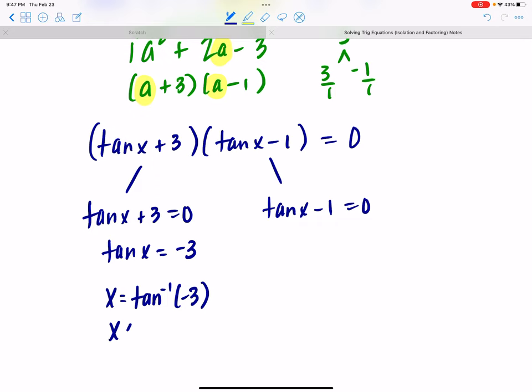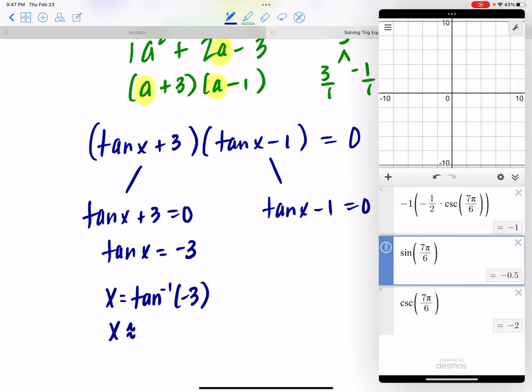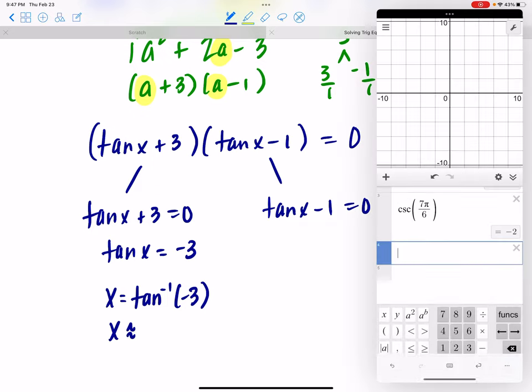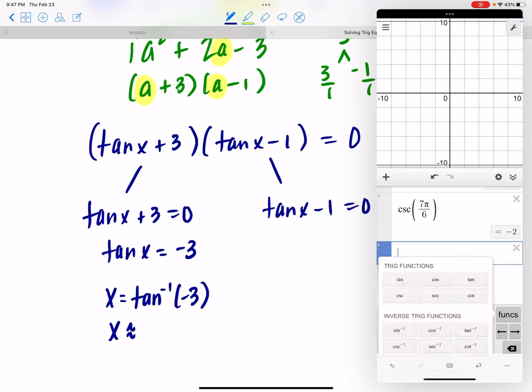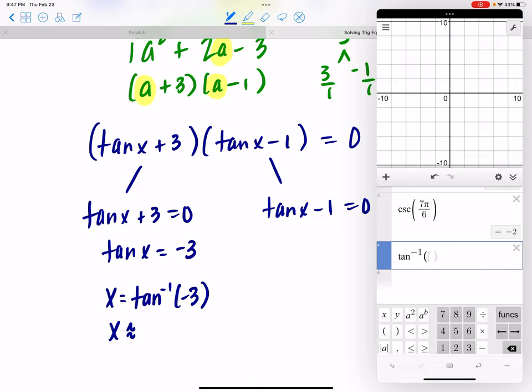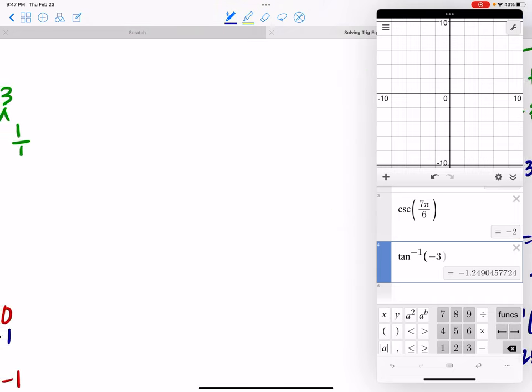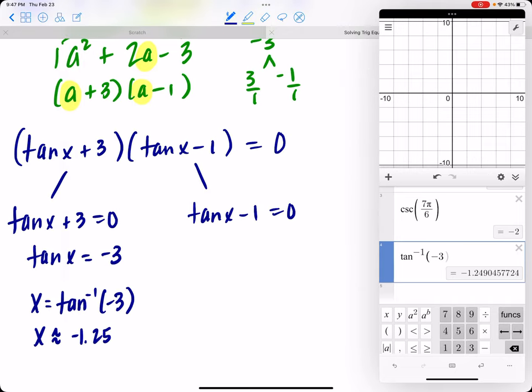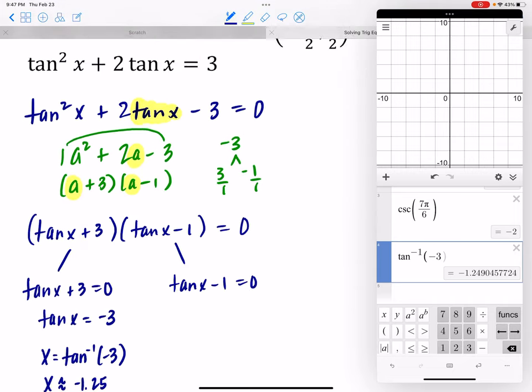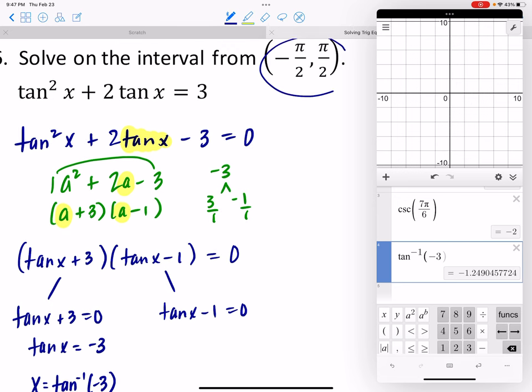The only way to really approximate that is to use the calculator. So the inverse tangent of negative 3 is about negative 1.25-ish. Okay, so that's going to be one solution there. Now, we do have to make sure that our solution is in the interval from negative pi over 2 to pi over 2.